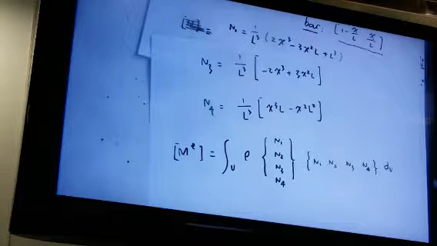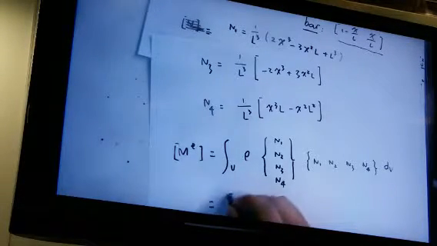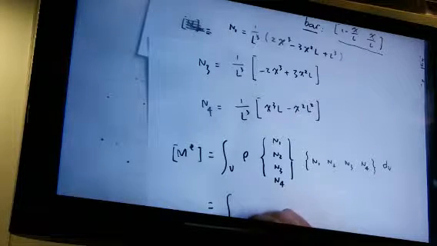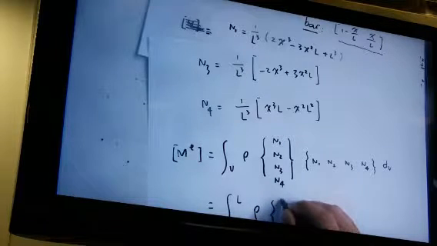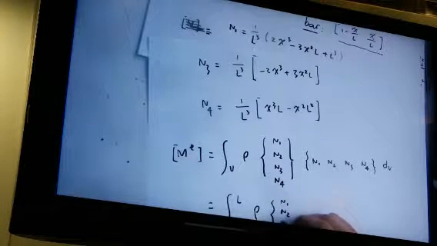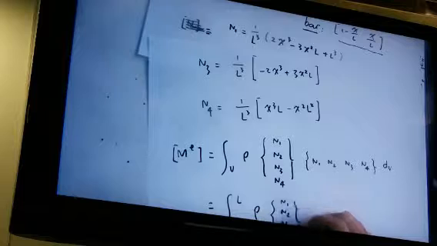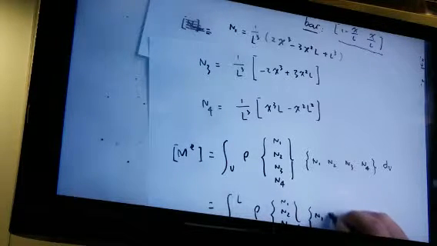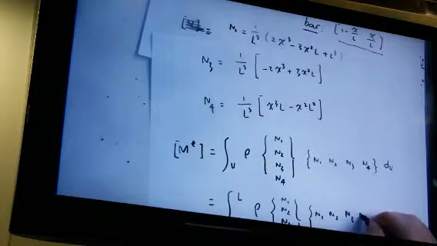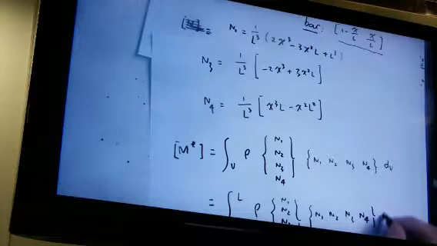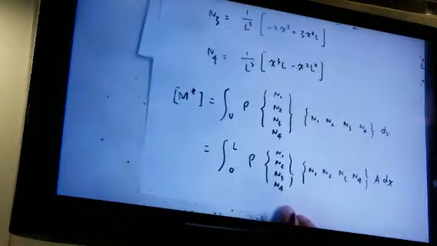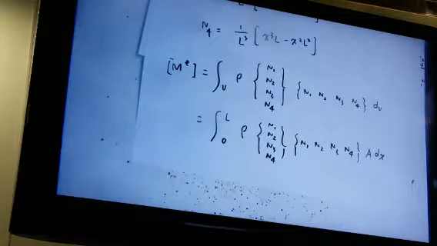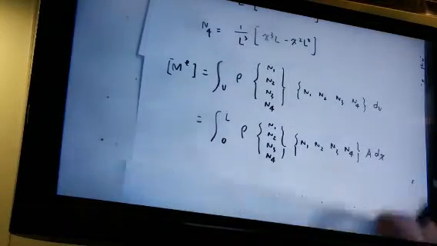Basically, you can finish the integration. That means from 0 to L, rho N1, N2, N3, N4 times N1, N2, N3, N4, A dx. I convert the volume integration into a length integration along the x direction, if the cross-section area of the beam is the same along x.